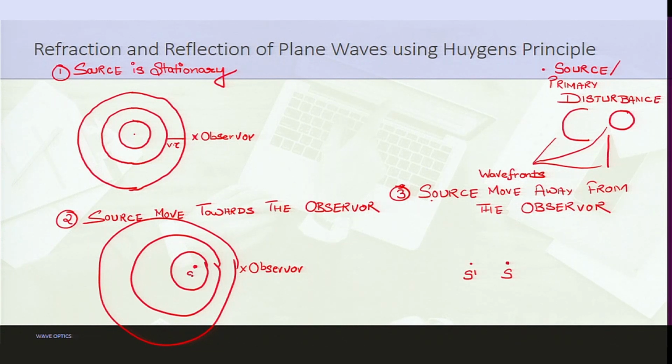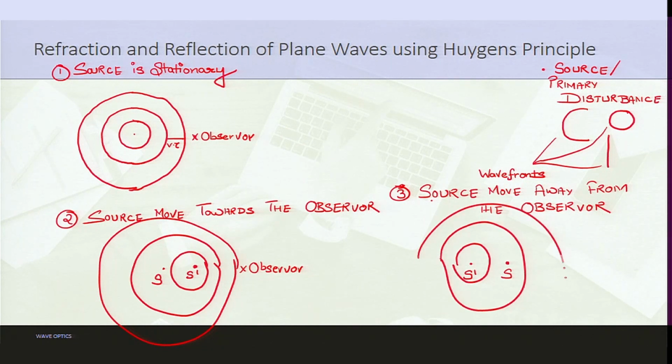It will be circles again, but the circles will be in this form, and let us suppose the observer is here. If I explain the same concept using the frequency of sound waves, this time the amount of time required for each wavefront to reach the observer will be a little higher, hence the frequency is decreased.